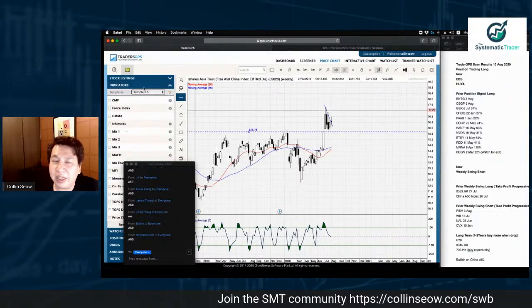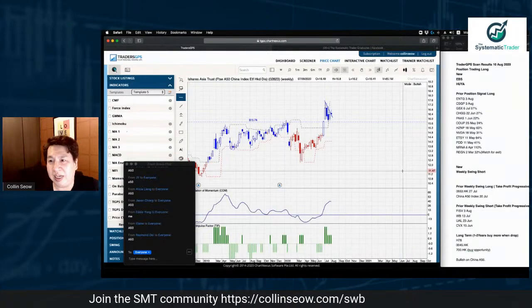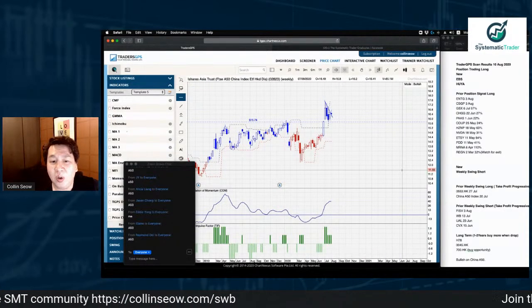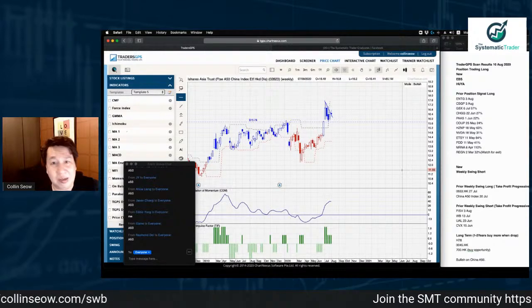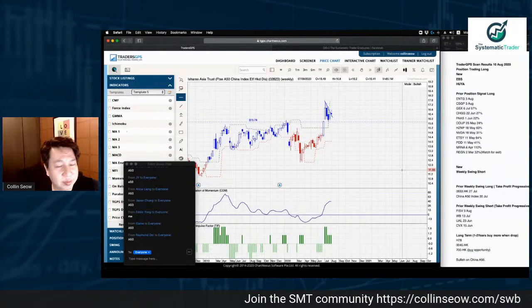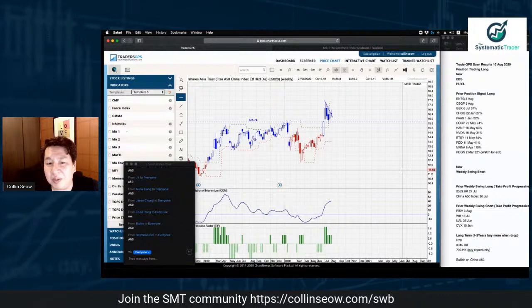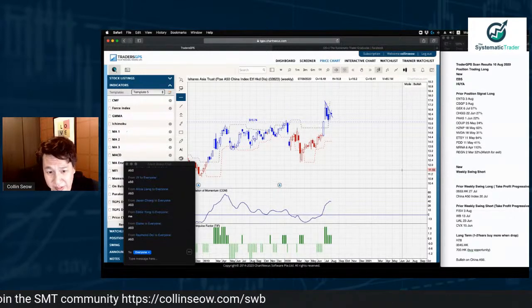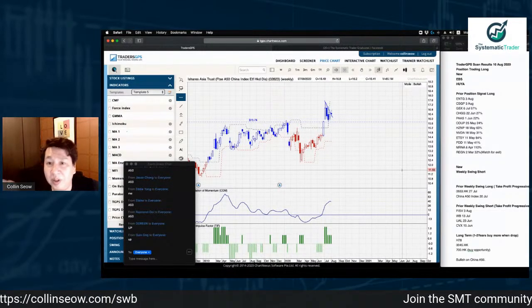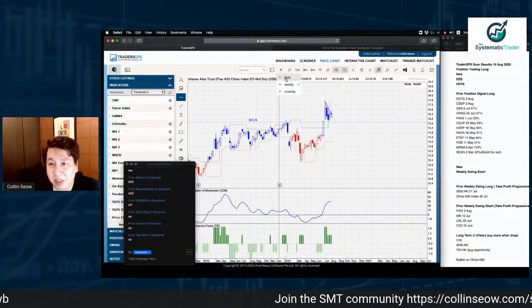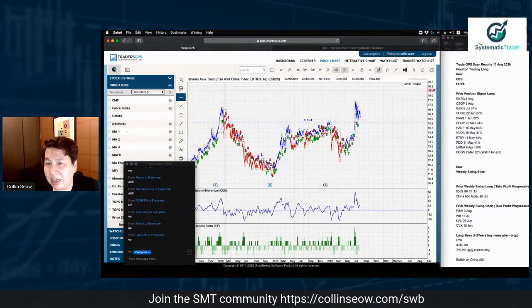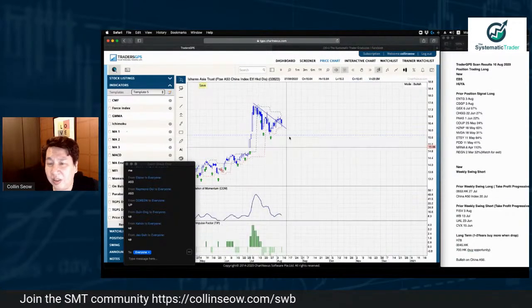Support is here. If you use the trader GPS, you'll see it like that. Is the weekly trend up or down? Up. The weekly trend is up. The daily trend is up also.